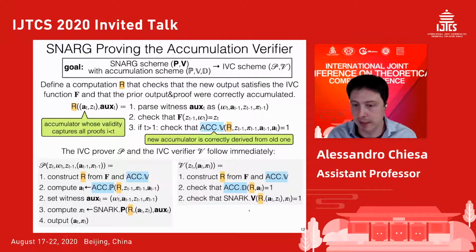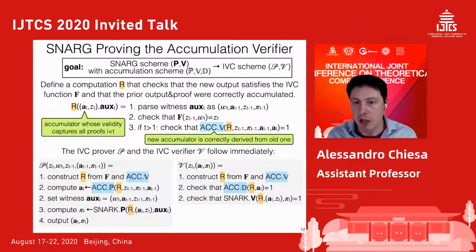Second, we check the snark verifier on this recursive computation. If this accepts, it means that in the past, we always accepted in the accumulation verifier. So with these two statements, we can infer that all the snark proofs in the past were correct.